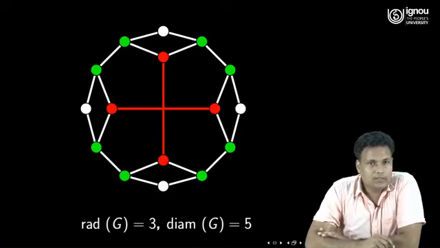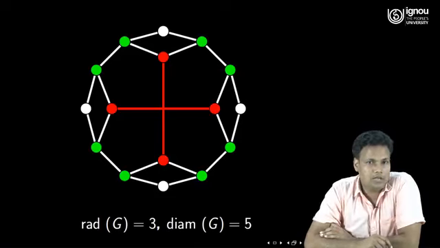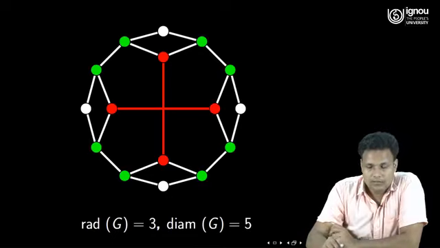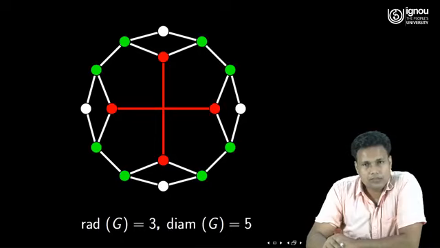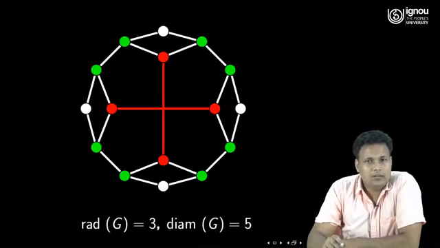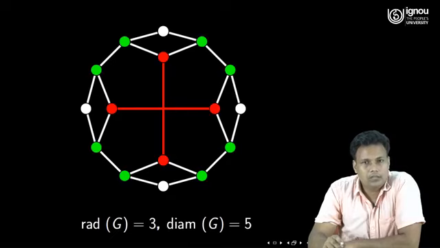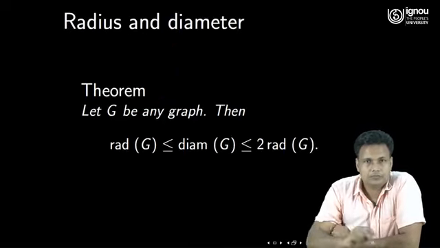So you can see here that the radius of this graph is not half of its diameter, and this might be a little surprising because a graph is not like a circle or a sphere, and although it can be represented geometrically, it is quite a different kind of geometrical object.